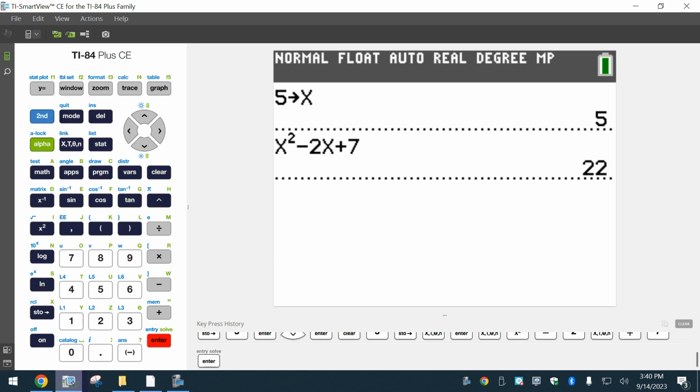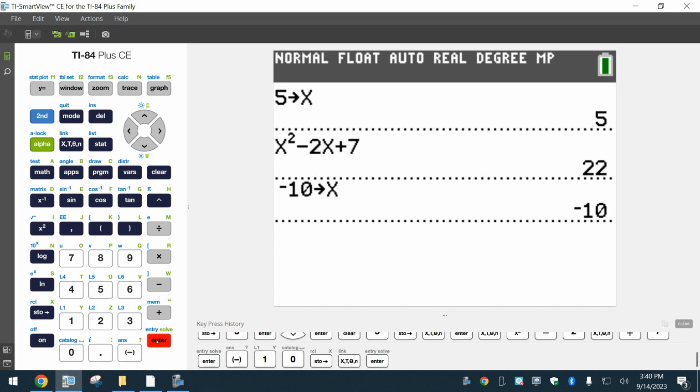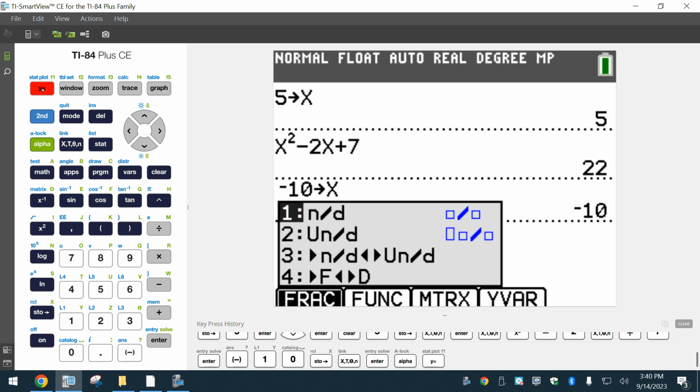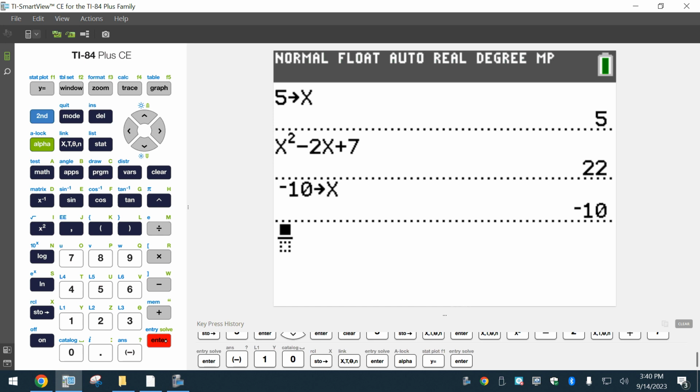We want to store x is -10. So now you would use the negative key, 10, store it for x, hit enter, and it's telling you that you do have -10 in there now. Then we want to go to alpha y equals, and it's the number 1 that says numerator over denominator. That's telling you it's a fraction. And now you see the fraction.